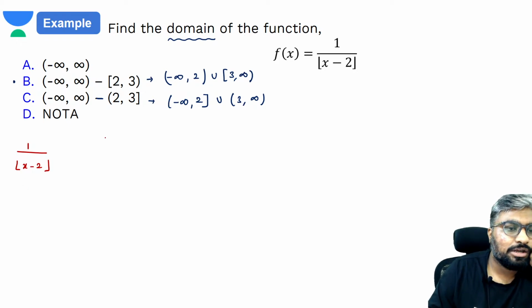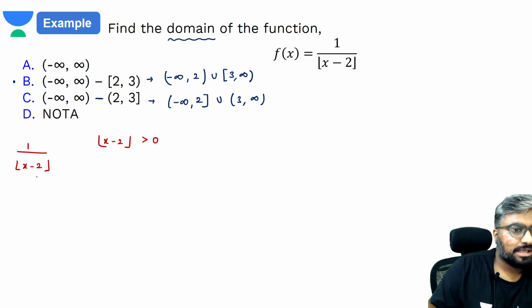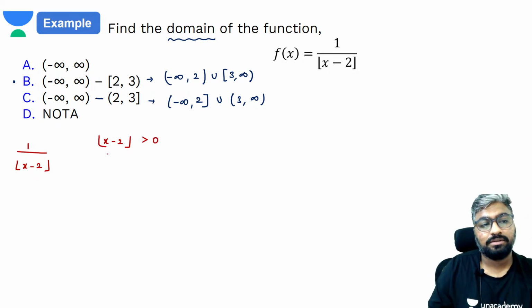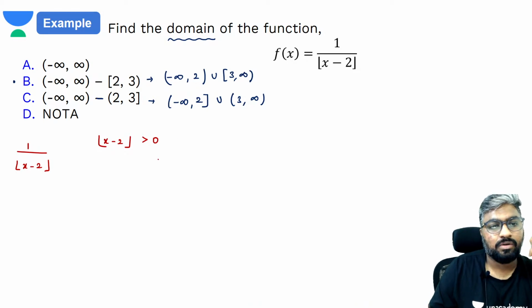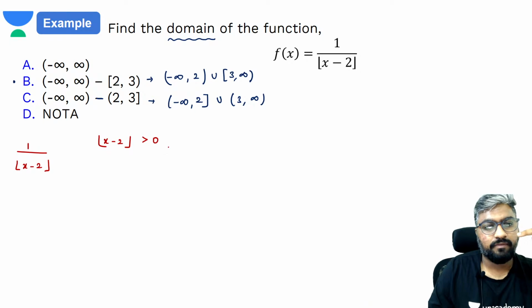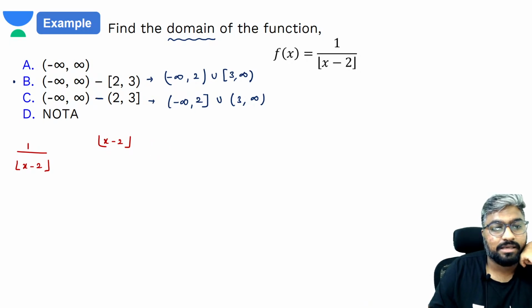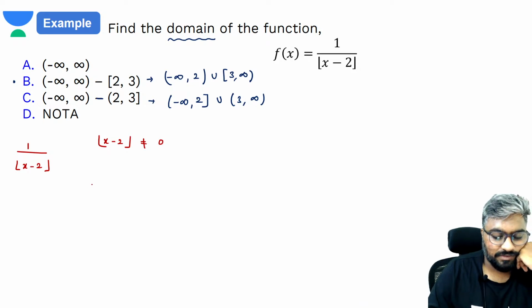We know that the denominator, x minus 2 का greatest integer, has to be greater than 0, or it can be negative also, correct? Positive or negative, cannot be 0. That's the only deal. Do you agree with this?